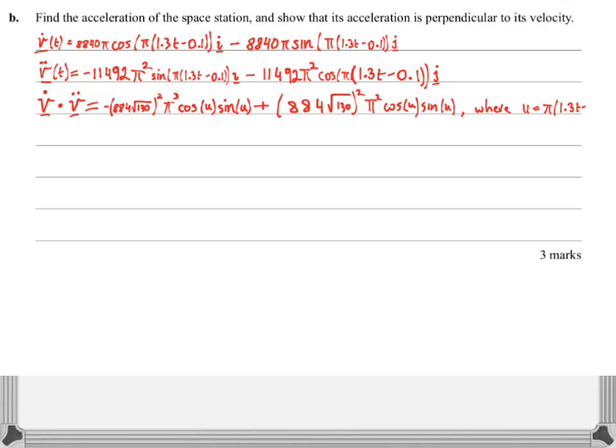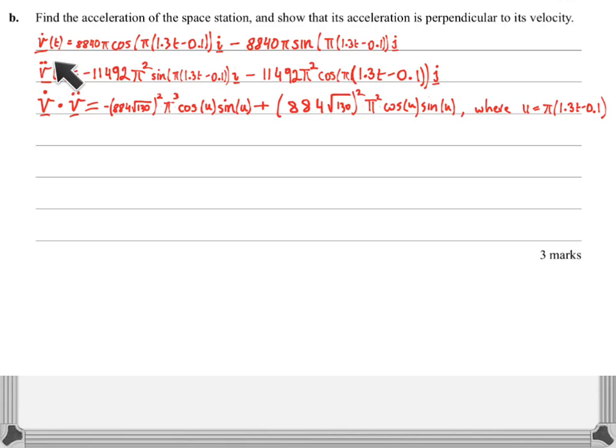Now we've got a very long expression to write down, so we can make it a little easier for ourselves. Instead of writing the full argument of sine and cos here, we're going to do a little substitution, write it as u, and state u out here on the side. That allows us more room to write down. When we do our dot product, we're performing this multiplication.